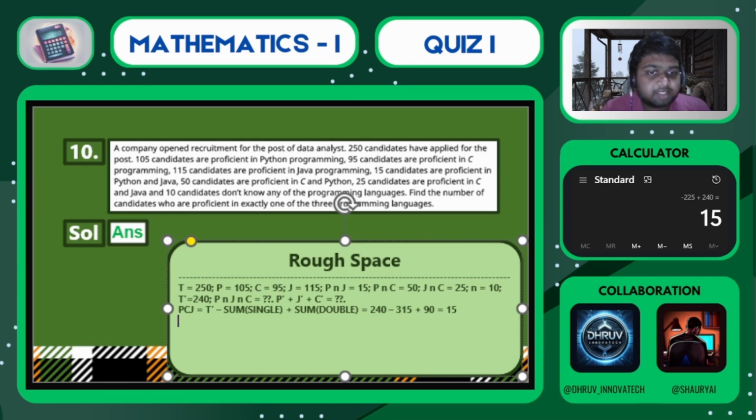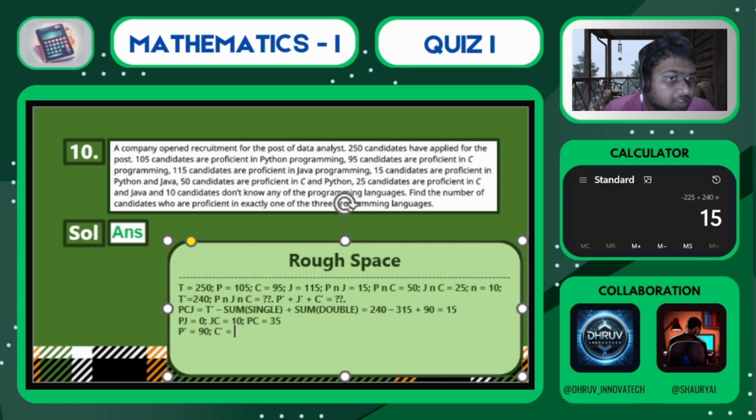Now using this we can directly find, let's find PJ. Ideal PJ is 0. Then JC ideal is 10. PC ideal is 35. So now only P is equal to 105 minus 15 is equal to 90.